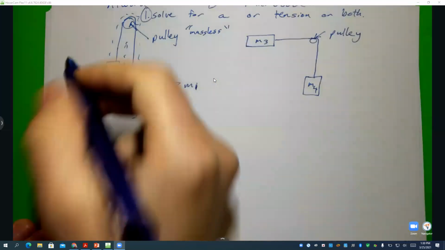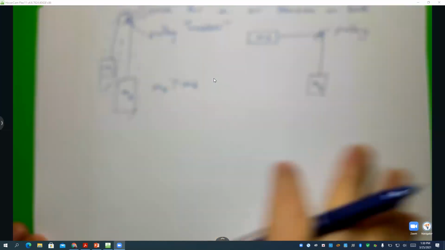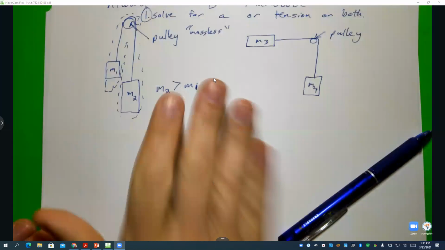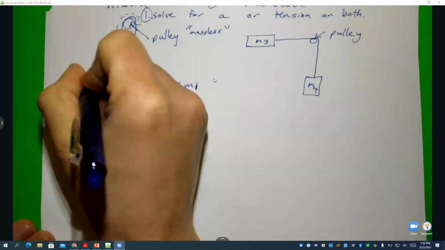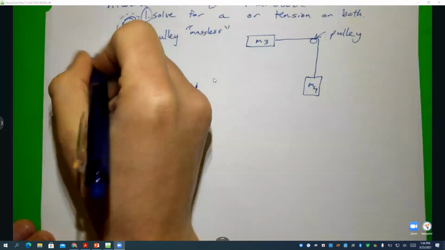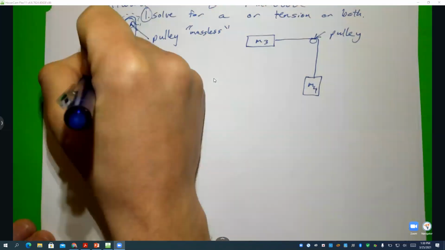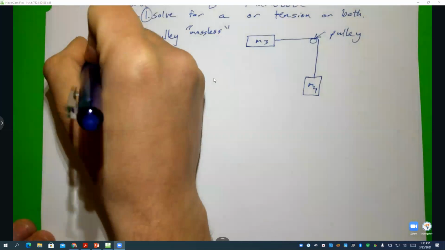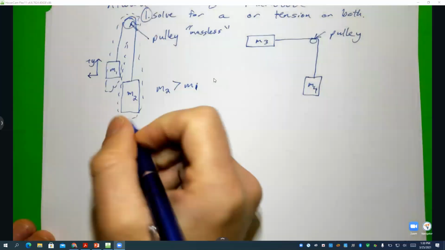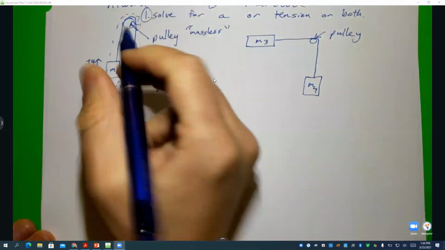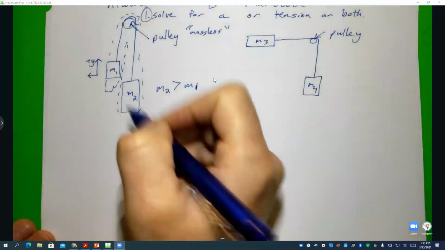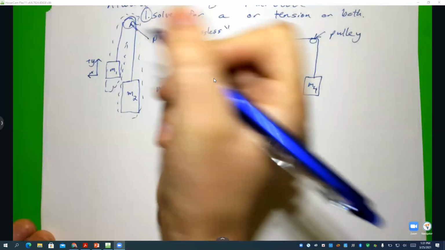So the whole system, sorry about the zooming issues, the whole system is going to accelerate in this direction. So we're going to call it positive, whichever direction it is going to move, we're going to call that positive. We can call this X, we can call that whatever you want to.